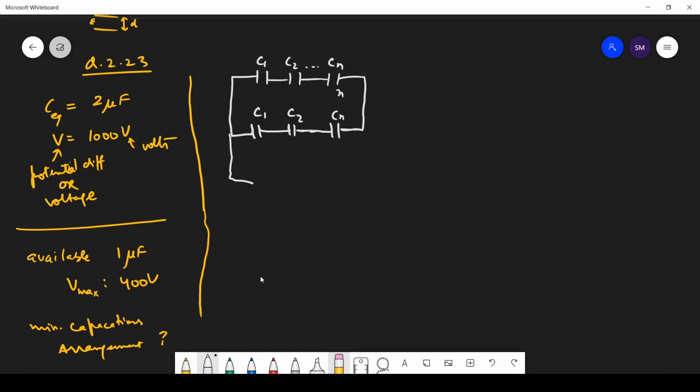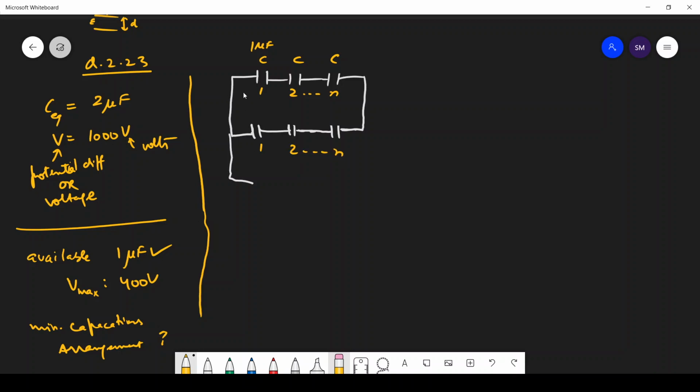So don't write C1, C2; you can write them with C also, because all of them have the same capacitance, that is 1 microfarad C, but they are number 1, number 2 and up to n.